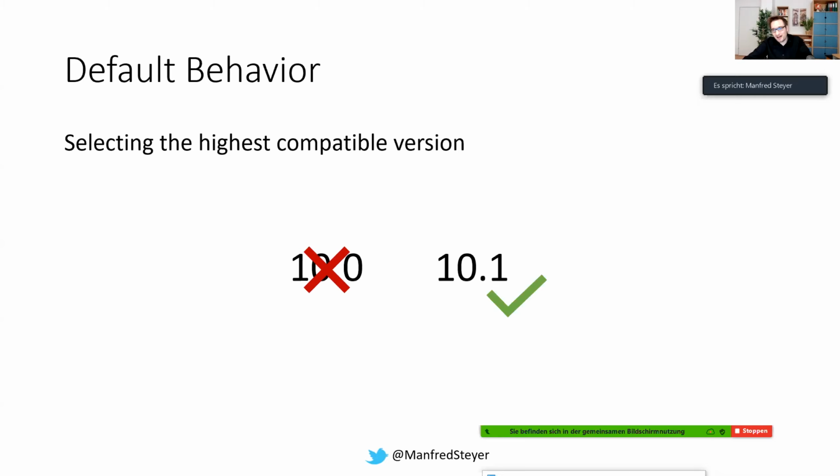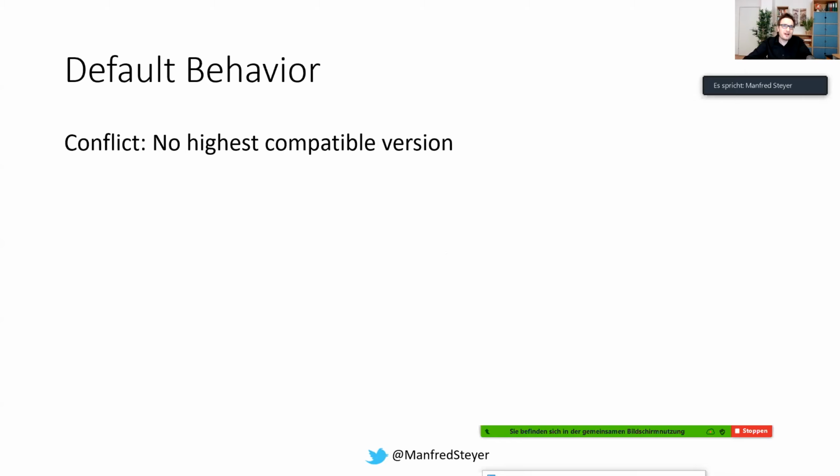Of course, there are situations where there is not a thing like a highest compatible version. Let's say the shell needs version 11 and the microfrontend needs 10.1. According to semantic versioning, those are two non-compatible versions. You can introduce breaking changes with new majors. And in this case, by default, module federation loads both of them, which could be okay-ish.